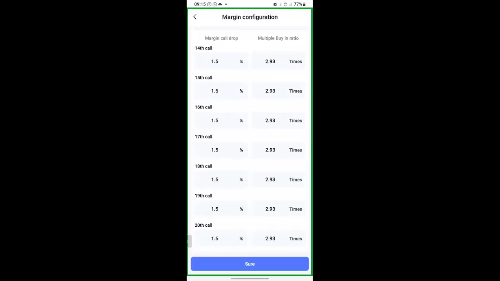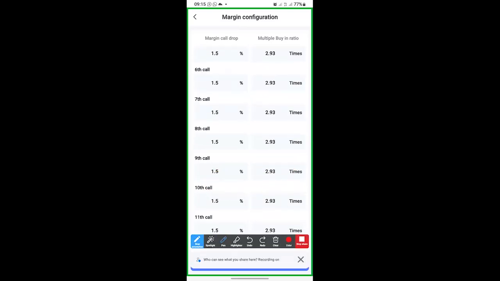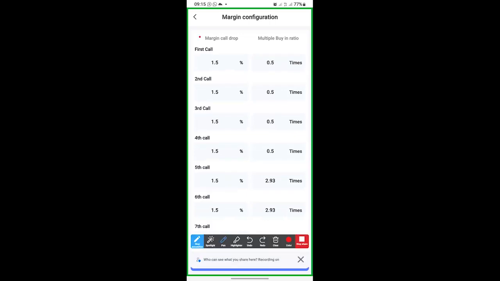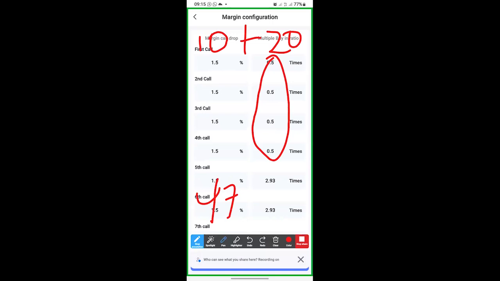That means it is going to be buying 10 times 2.9, that is 29.3. Yeah, so if you add up all these figures, you come up with your total as a first buying amount, plus what we exposed in the first four calls, then plus the 470 that we exposed from the fifth up to the last.